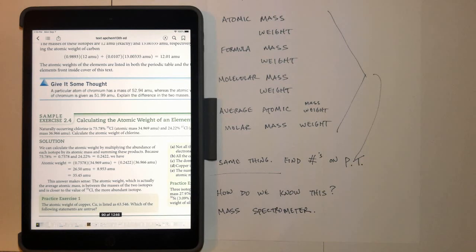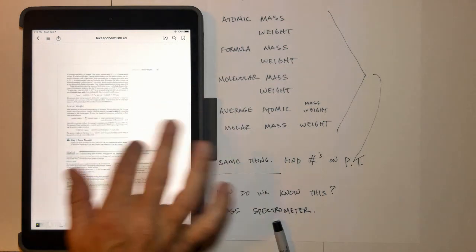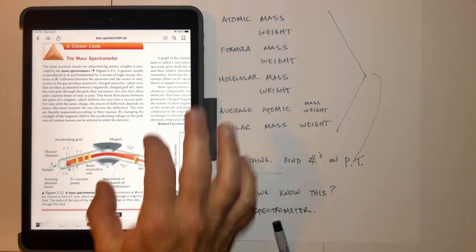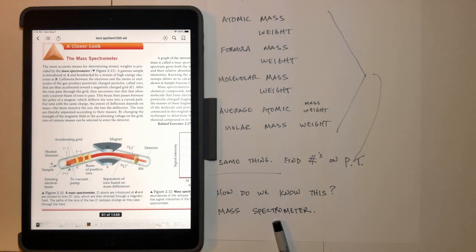How did we come up with these numbers for each one of these? In your next video cast, you'll watch a video on something called a mass spectrometer. A mass spectrometer is the device that allows us to detect and determine what isotopes make up a particular element or sample of substances as well.